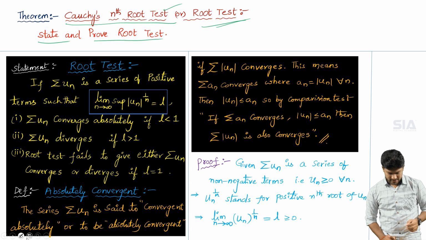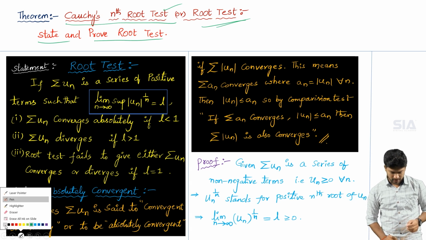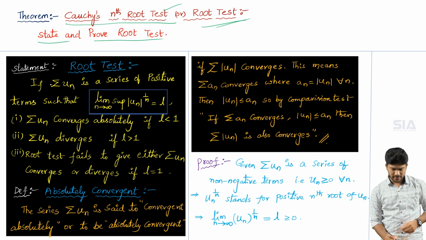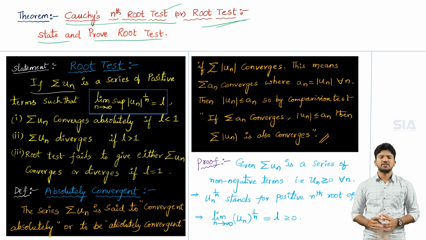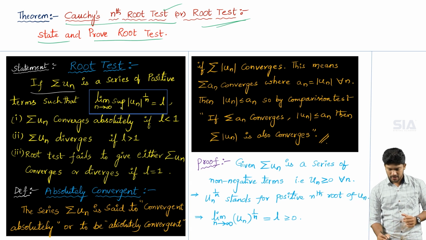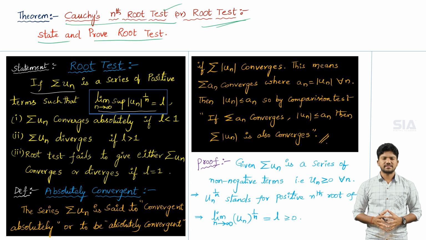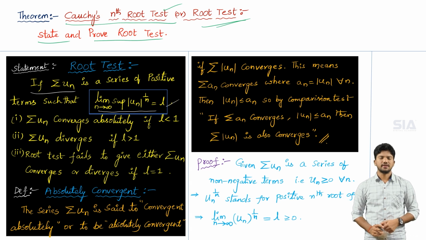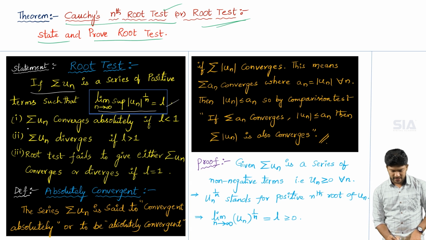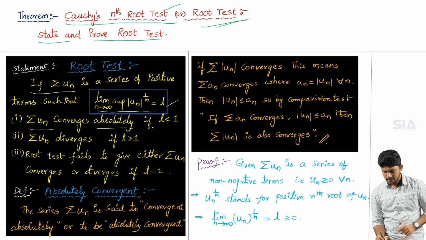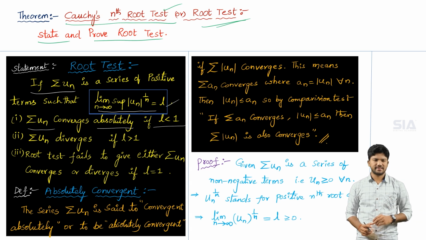So let's start the proof for this theorem. First of all, we are starting with the statement of the theorem. The statement is: if summation u suffix n is a series of positive terms such that limit n tends to infinity, superior |u_n|^(1/n) is equal to small l, then the first condition is that the summation u_n converges absolutely if l is less than 1.